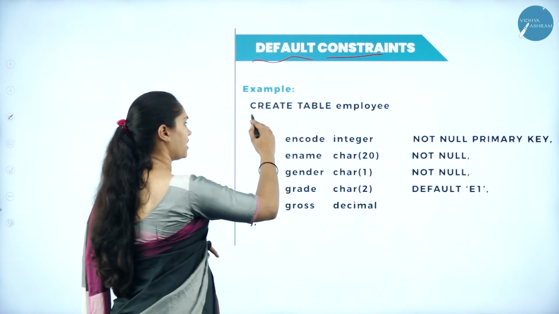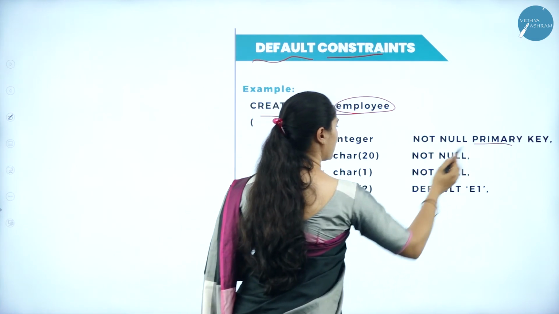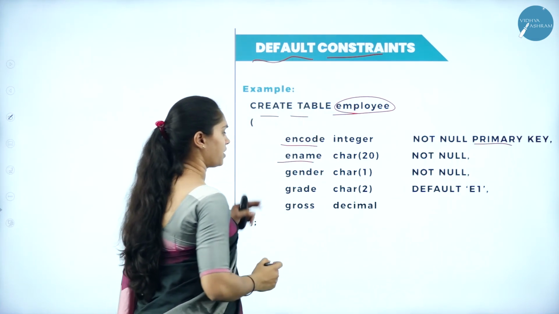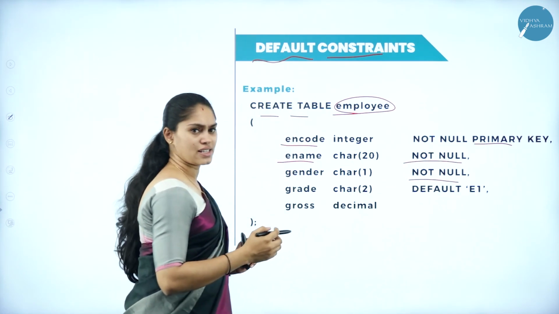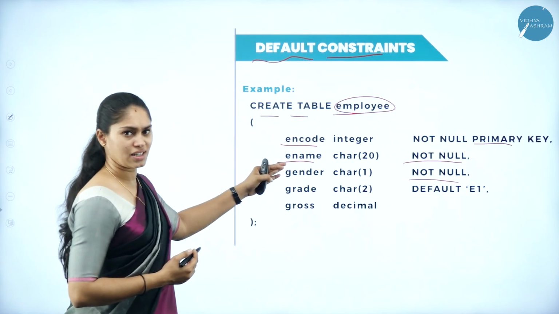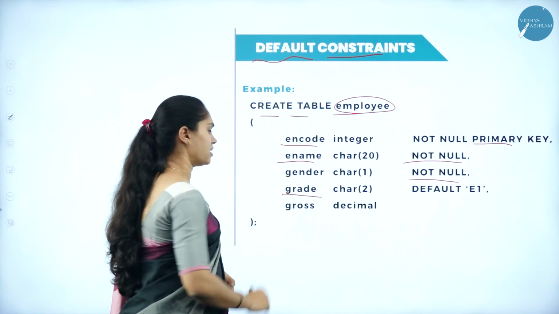We are creating a table called employee, and it includes encode, and we are making that a primary key, and we have E name and gender. So we are using the not null constraint. I can't leave a blank for the employee name as well as their gender. And also we have this grade.